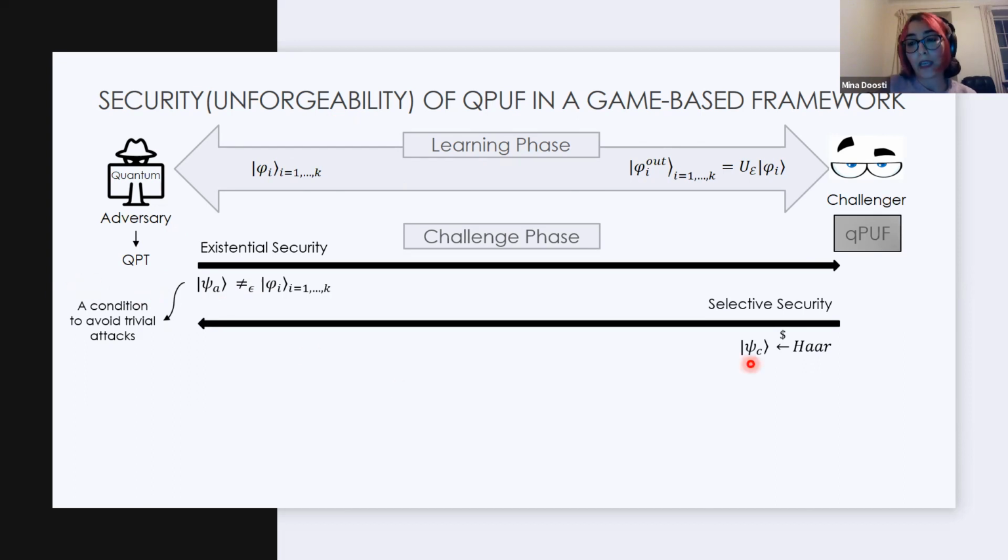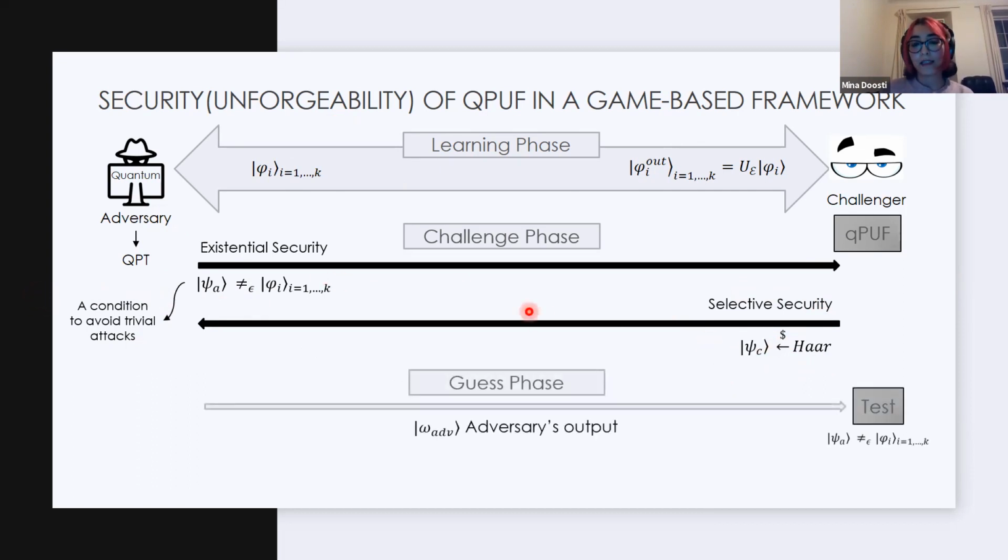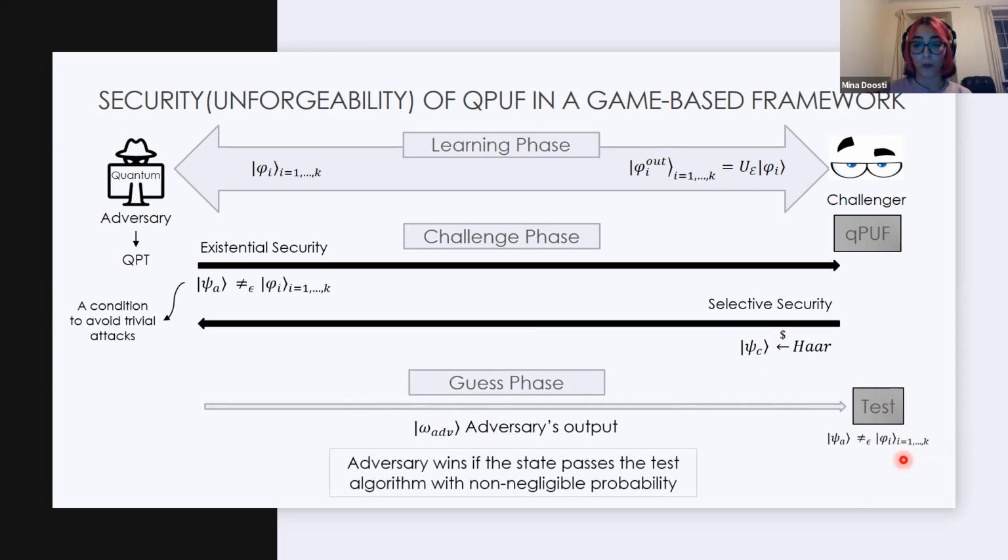Now, since we are in the quantum setting, uniformly at random means that we sample it from the Haar measure, and the adversary needs to produce the response to this challenge. And then there's a guess phase where the adversary produces a forgery and the challenger tests the adversary's state against the actual response of the PUF. The adversary wins if it passes the test algorithm with non-negligible probability.